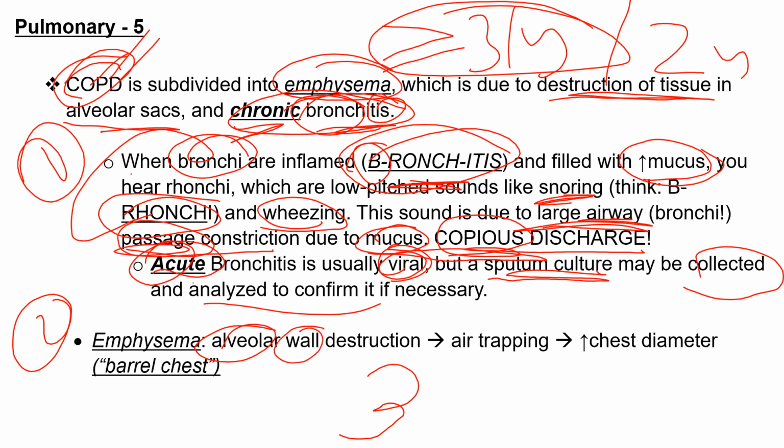In emphysema, what we have is the destruction of the respiratory airway walls. This results in air trapping because instead of having multiple little sacs, we now have a huge air sac that is like a balloon that was inflated for a long time and now has been deflated. So it's very flaccid.